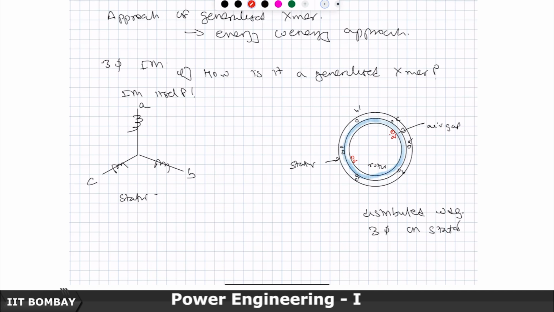Then on the B something will come here and something will come here, B dash, and then on the C also I will have to advance, and then I have to go diametrically opposite here, and I will get C dash.